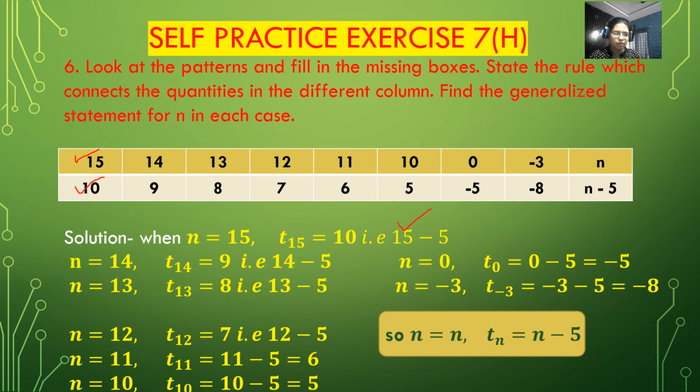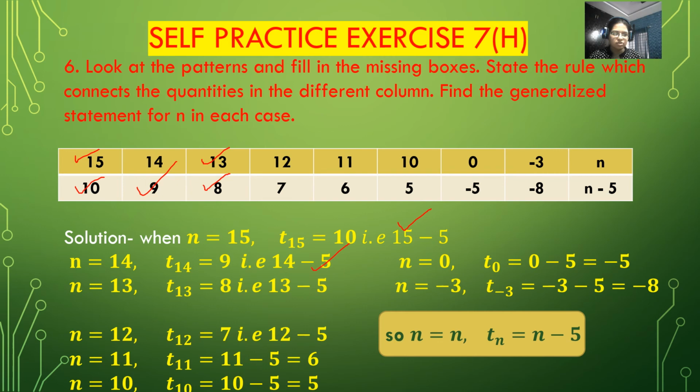When n is 14, T14 given is 9. We know 14 minus 5 is 9. So T14 is 14 minus 5, that is 9. When n is 13, given T13 is 8.